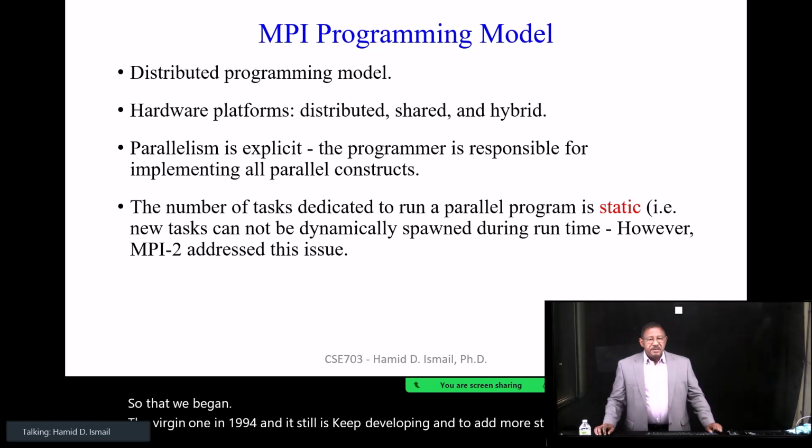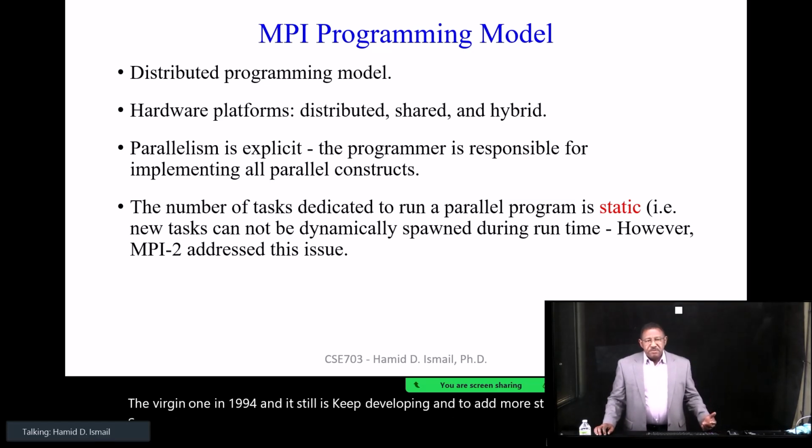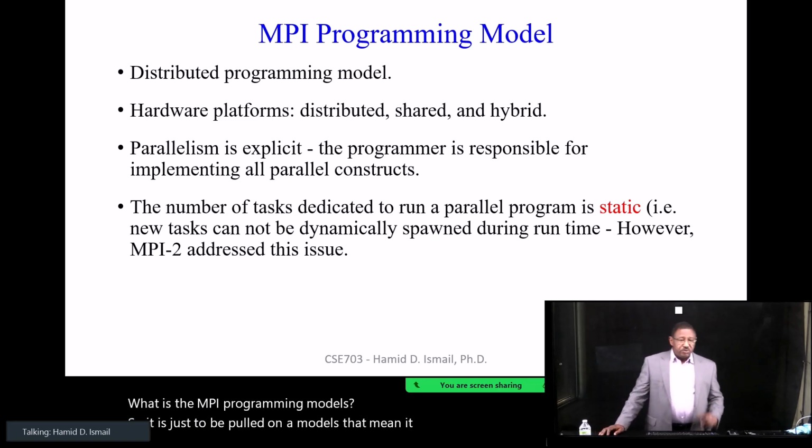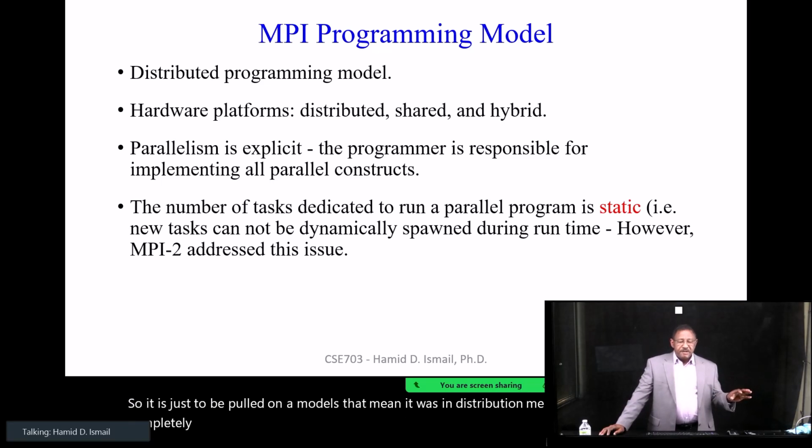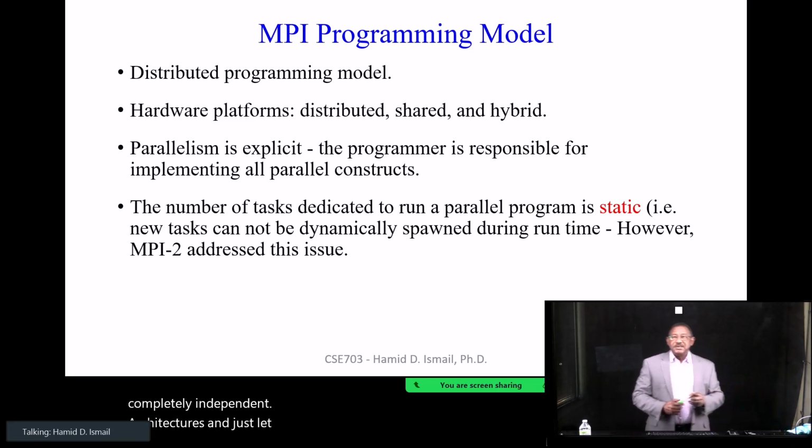So what is the MPI programming model? It is a distributed programming model. That means it works on a distributed memory architecture with completely independent architectures. Let me try to use this sketch to show.